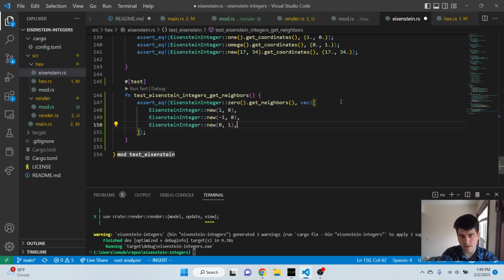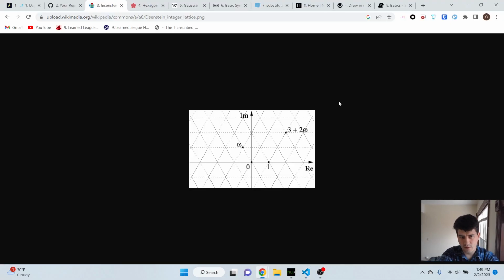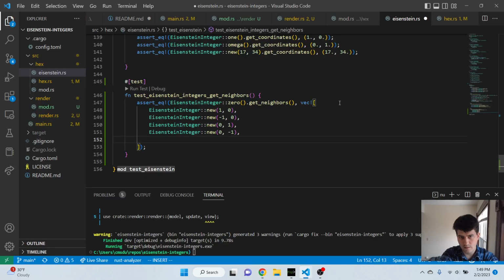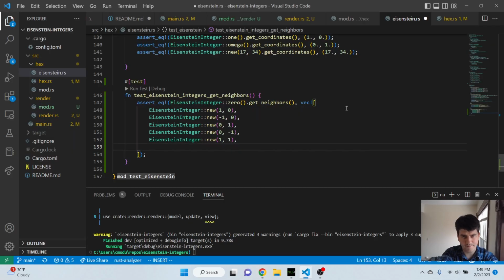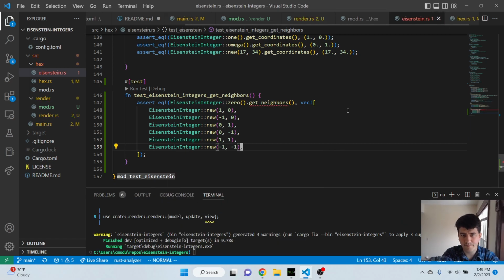And then 1 1 is right, and negative 1 negative 1 seems right. Okay, it's those.